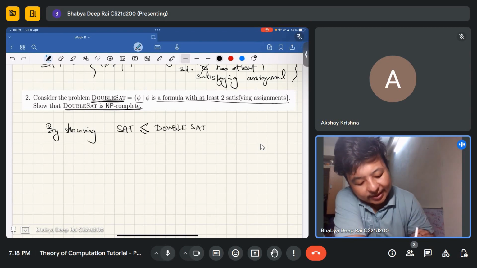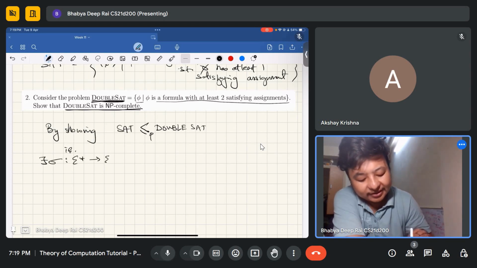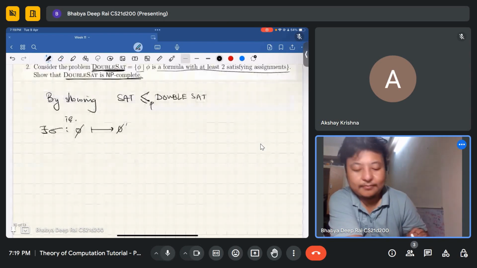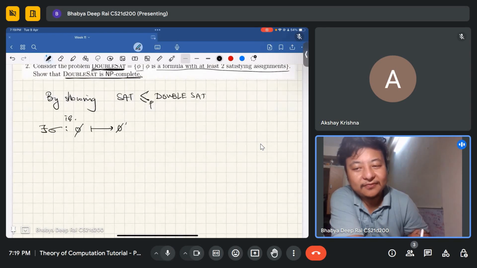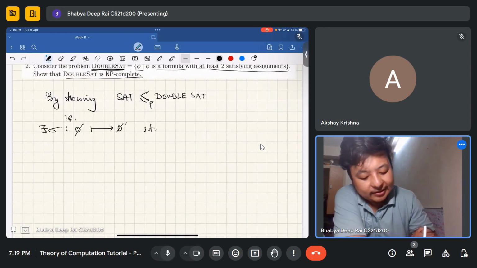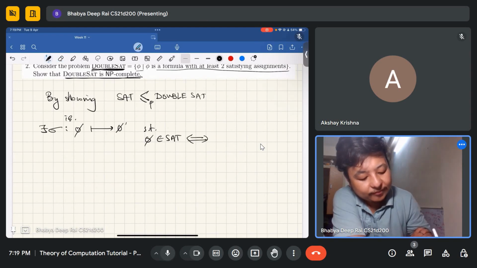That is, there exists a polynomial time computation which takes a formula phi and converts it to some phi prime such that phi is in SAT if and only if phi prime is in double SAT.